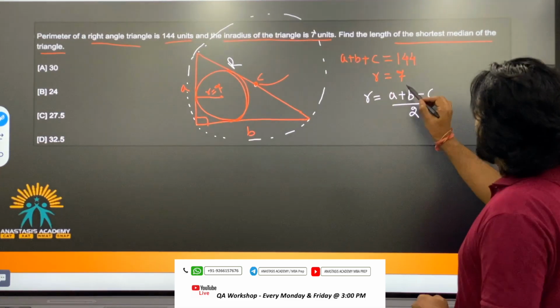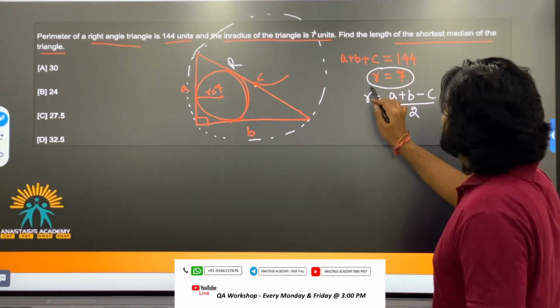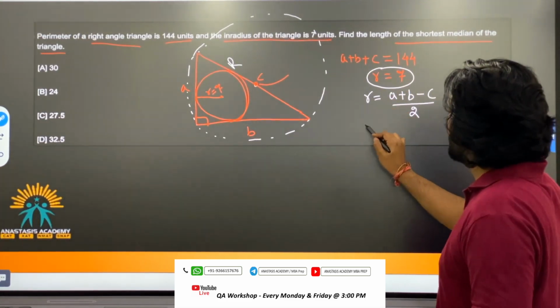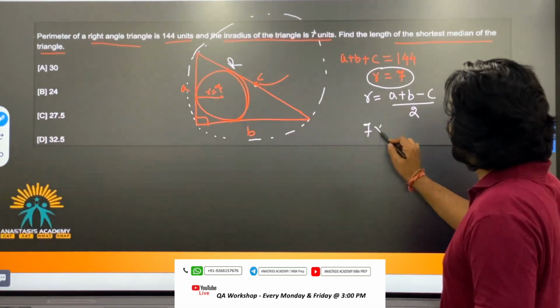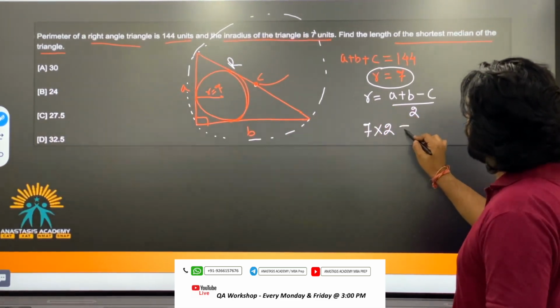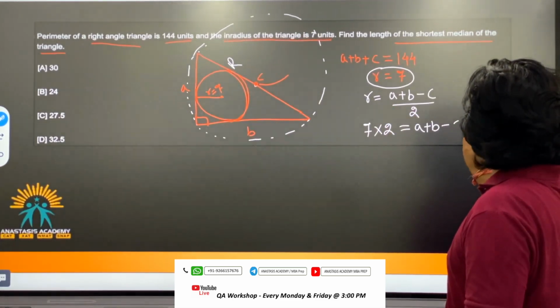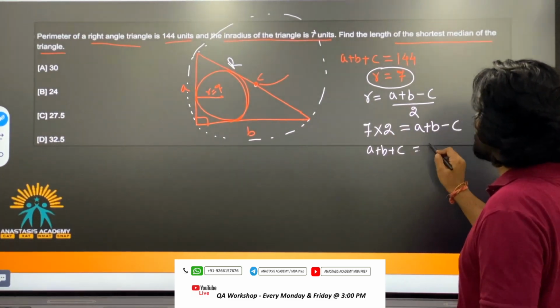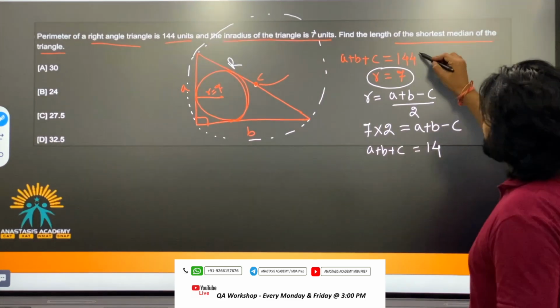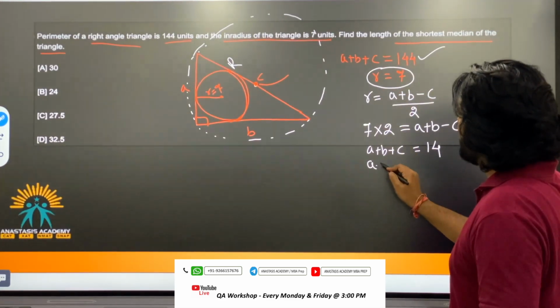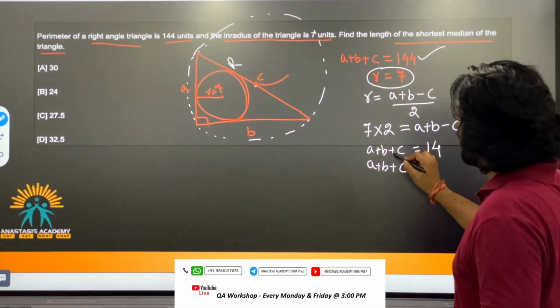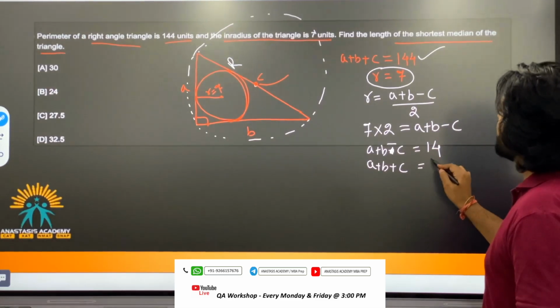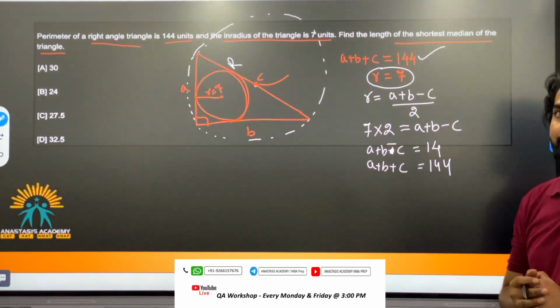So this inradius is given as 7. If I put the value of the inradius as 7 and cross multiply this 2, I get a plus b minus c is equal to 14. Already this relation is given, which is a plus b plus c, it is given as 144.